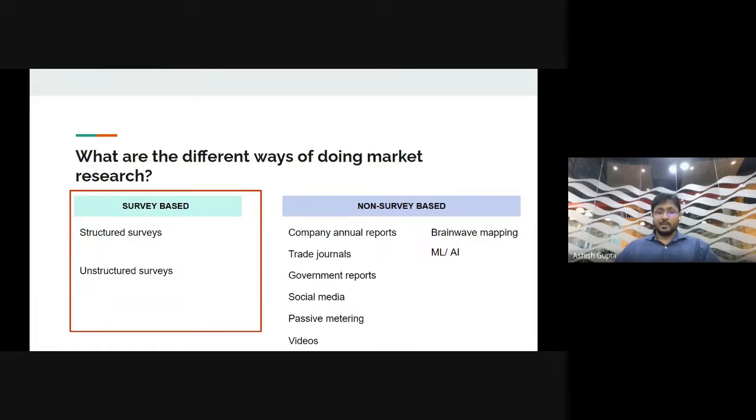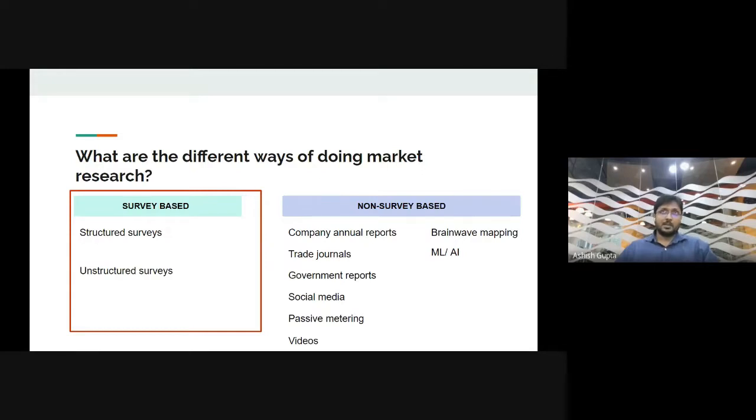So for example, I spoke about passive metering, right? People use apps, but you really want to understand. Passive metering will be able to understand how people are behaving, what are they using, for how long, etc. But if you really want to understand why they're doing so and for what reason or for what occasion.